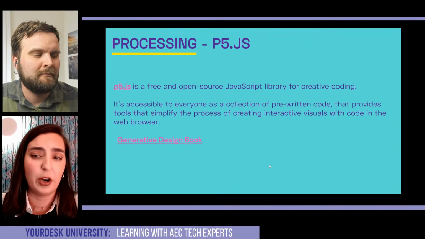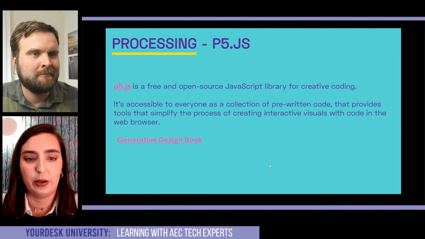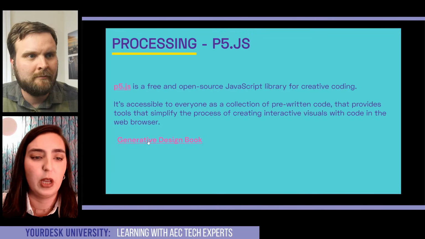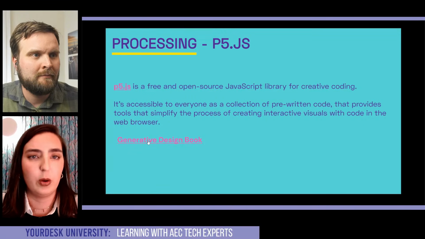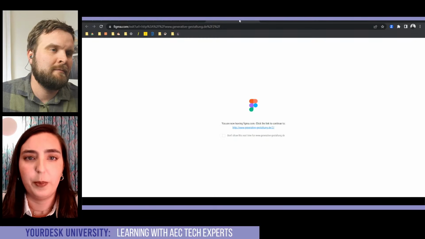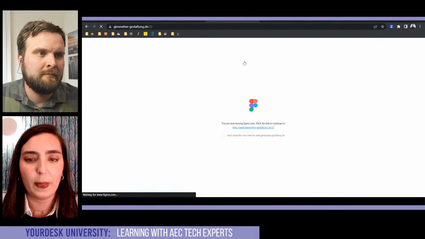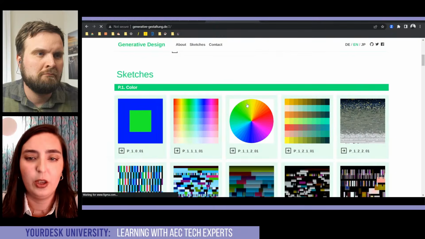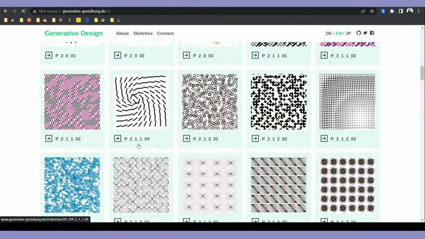If you're just getting started, it's not that hard to get into either. I'm linking here, and I'll send the links maybe afterwards. This is a generative book of design. There's a lot of information and scripts here, and a lot you can start with and see how you're working.